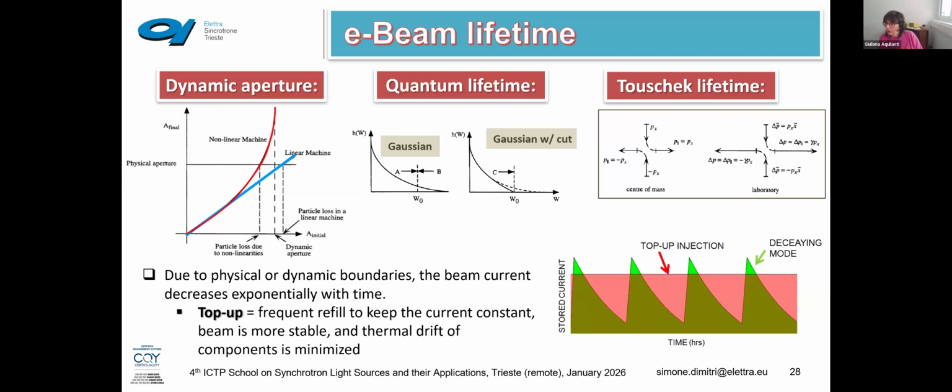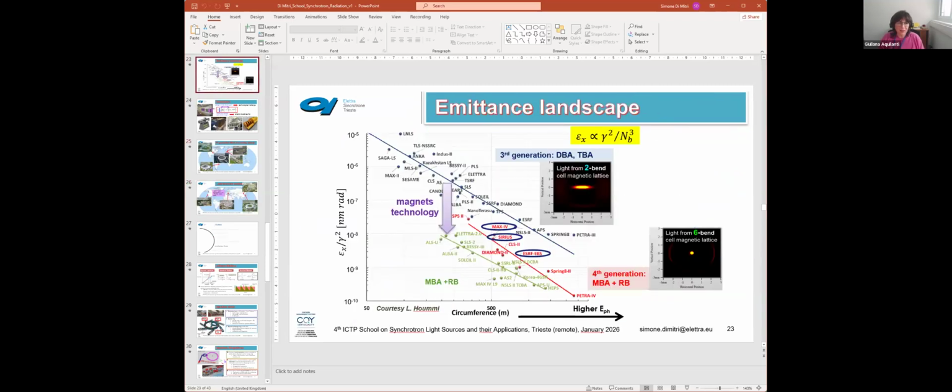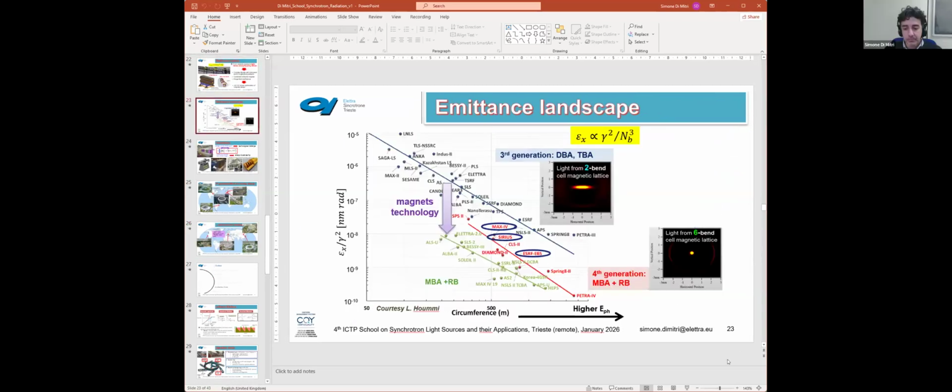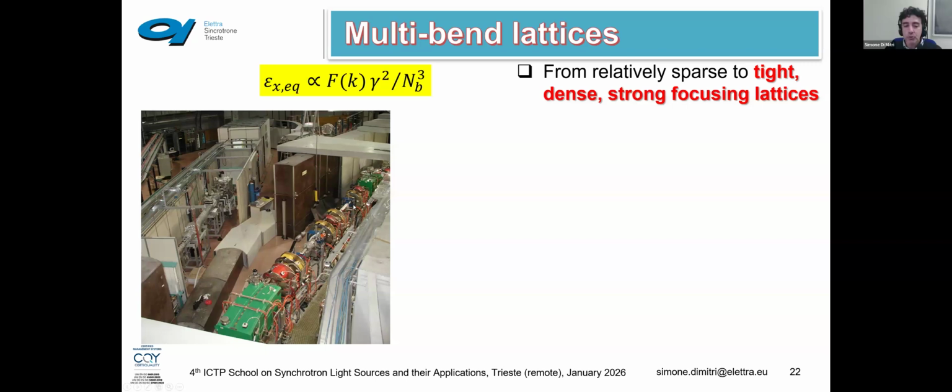Why was this multi-bend scheme not implemented sooner, since the advantages were well known? This is another question. Very good point. It was first proposed by Professor Einfeld in 1993, at least, in a paper with other co-authors.